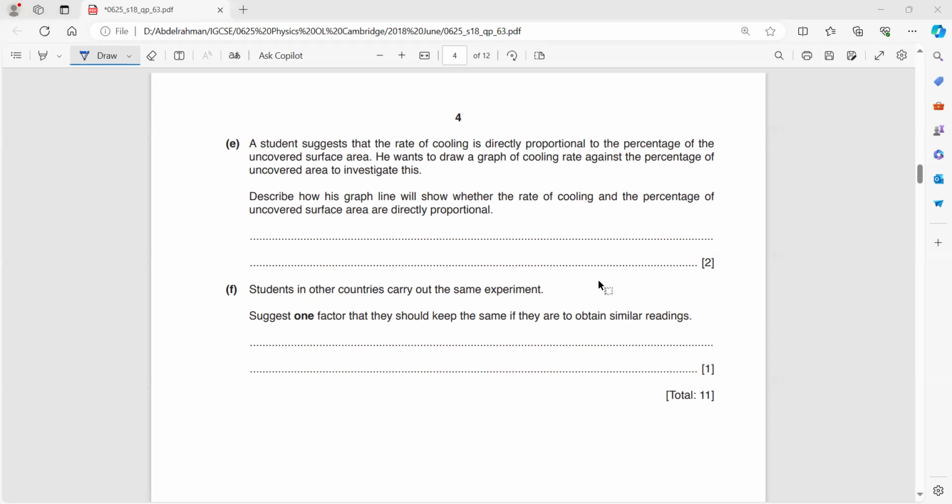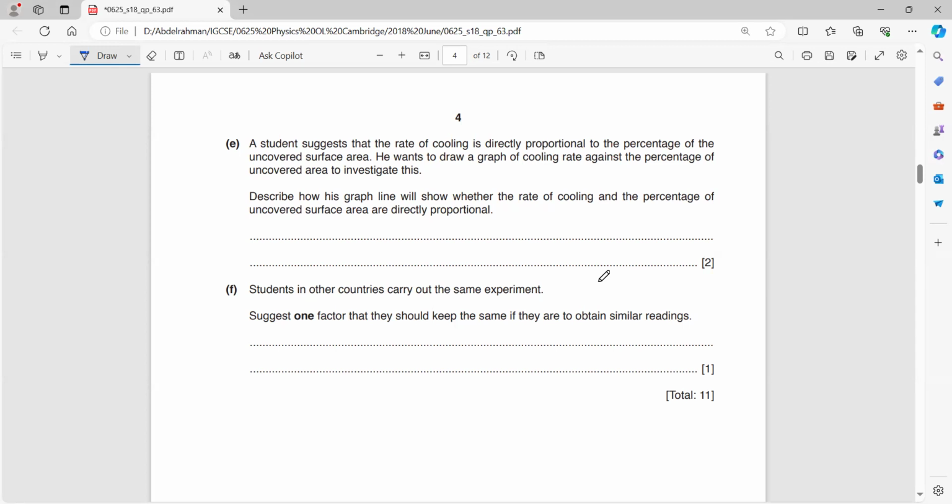In other words, what are the properties of a directly proportional graph? How can I say that this graph is directly proportional or not? Do you remember?